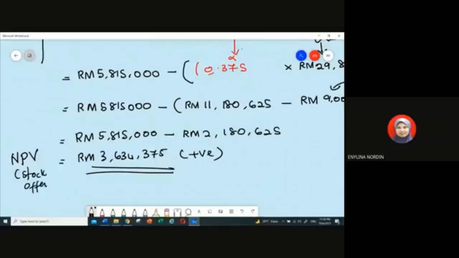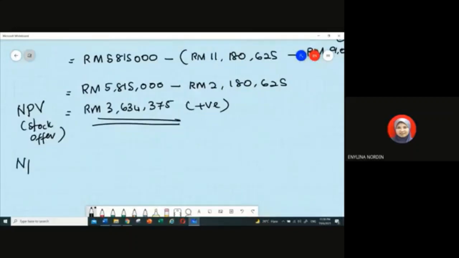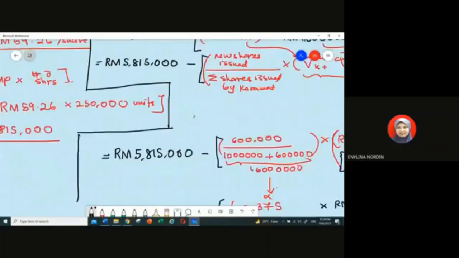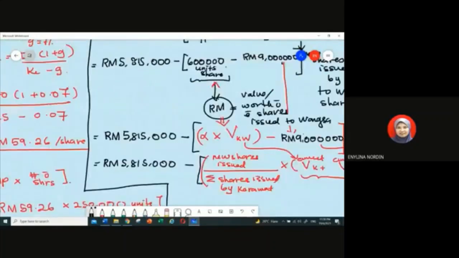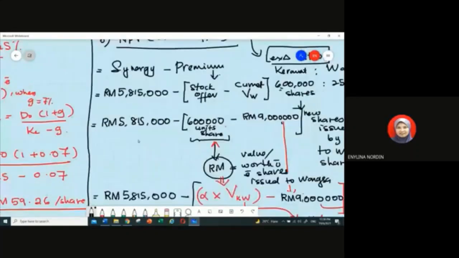If we compare to the cash offer, the one that we have calculated in part A just now, NPV cash offer equals how much? Let me show the value to you. That is 4.815 million.